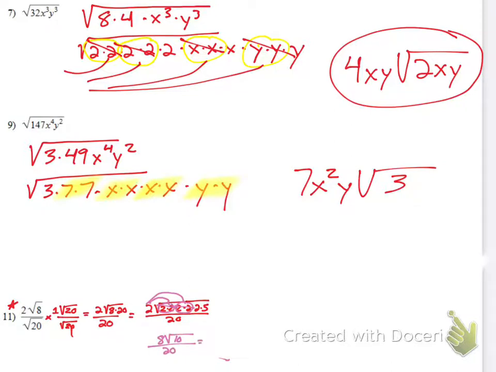Now, I'm not done yet here because I can simplify the whole number, 8 over 20. So what's the biggest number that's going to go into 8 and 20? Well, that's going to be 4. So 8 divided by 4 is going to be 2, radical 10, and 20 divided by 4 is going to be 5. And that's it.